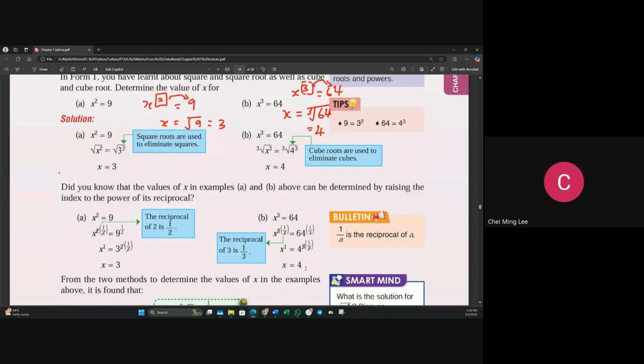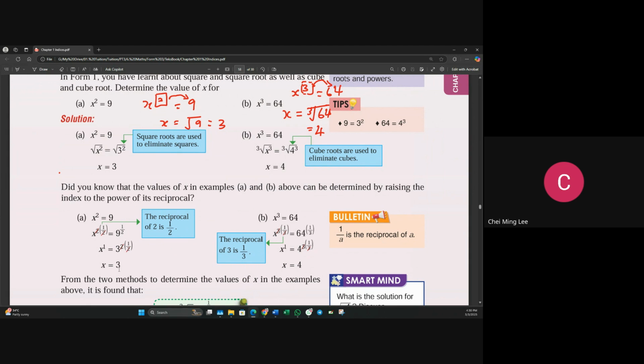Now, like I said, you can also change it like this. From 2, move it to the right hand side, it becomes 1 over 2. So after we take out, it becomes 3. That means 9 is 3 power of 2, so it becomes 3 to the power of 2 times 1 over 2, which becomes 1.